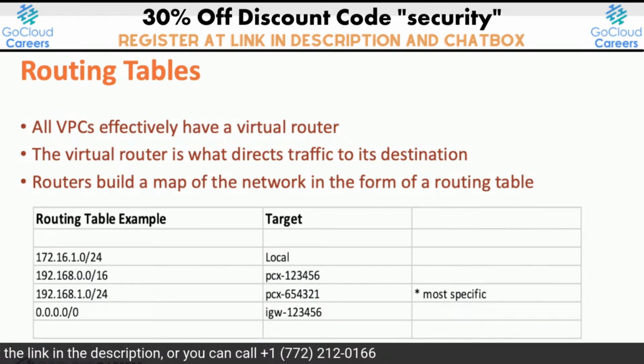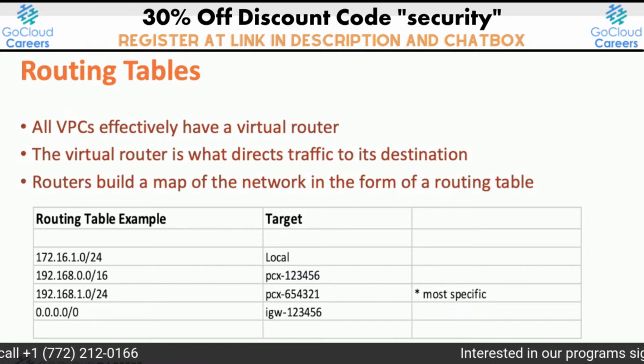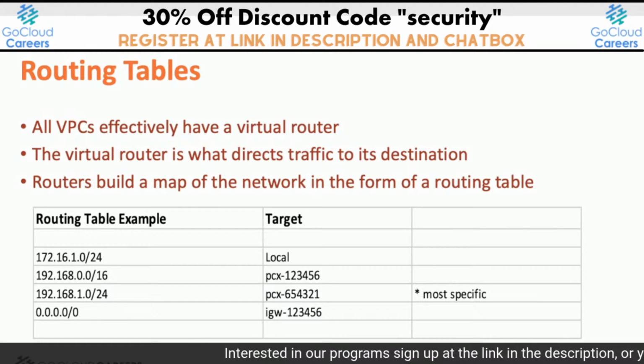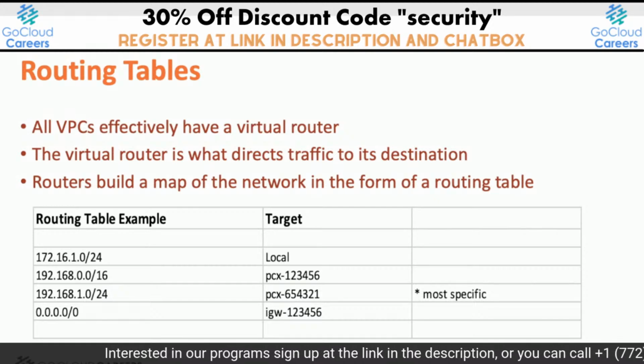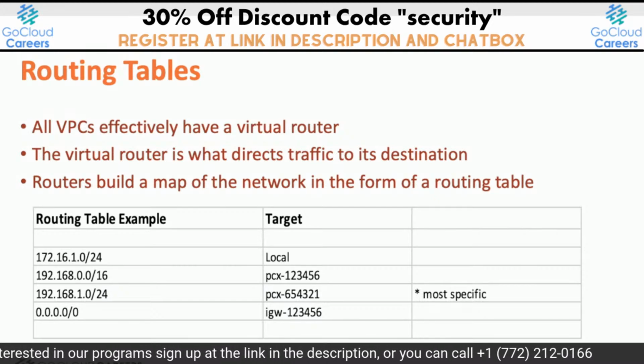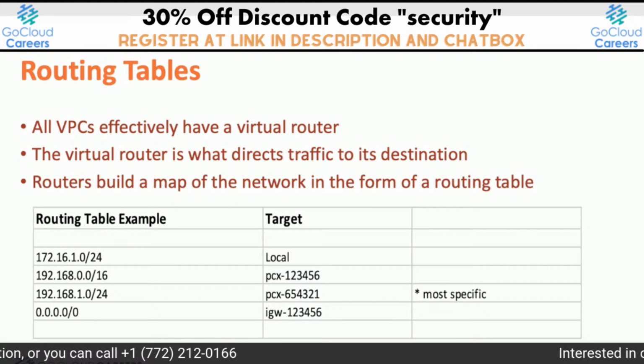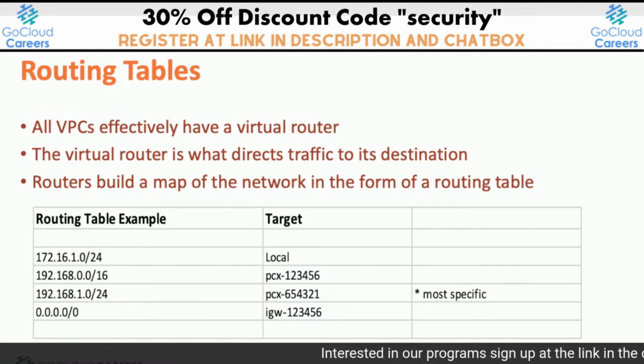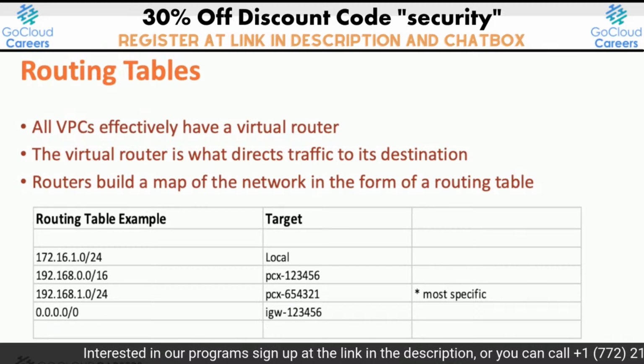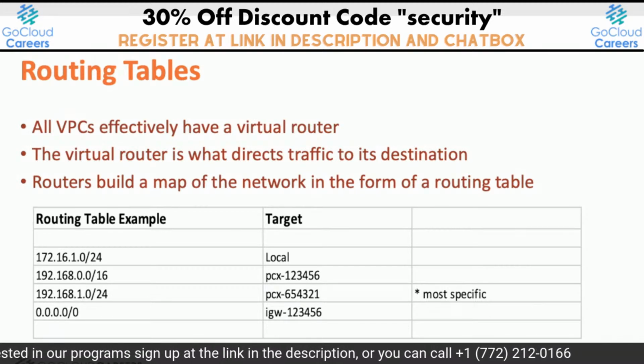Now, when it comes to routing, we're talking about the most specific route. And if you notice, I have two routes which are very similar. I've got 192.168.0.0/16. And I also have 192.168.1.0/24. For those of you that know subnetting and supernetting and route summarization, you're aware that 192.168.1.0/24 falls within 192.168.0.0/16.